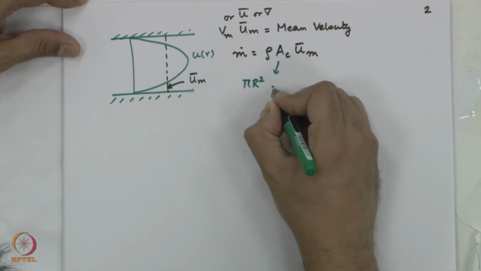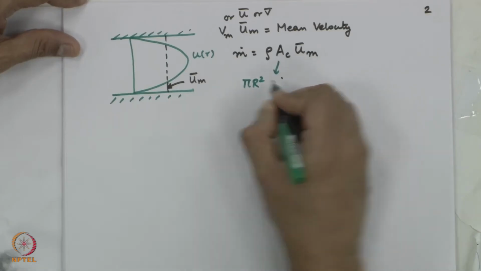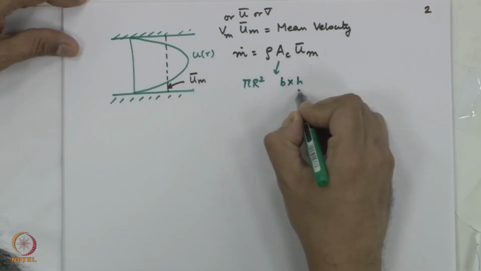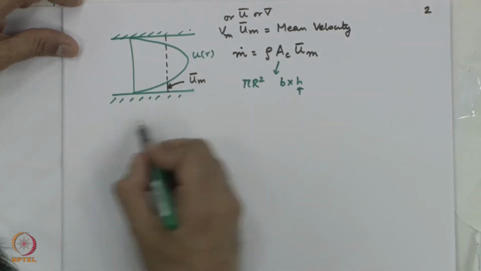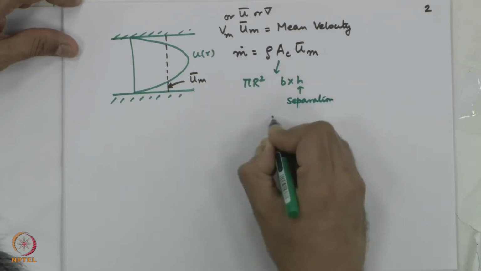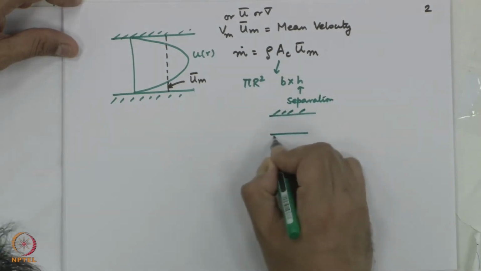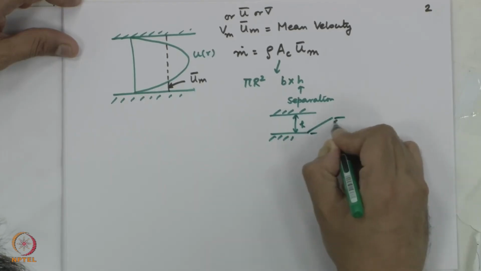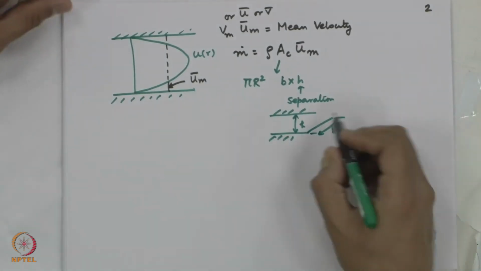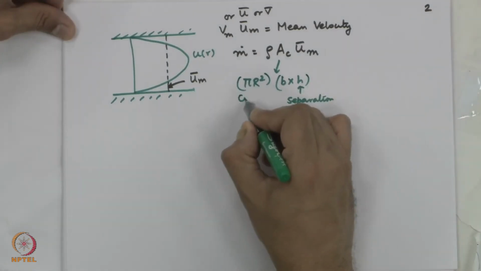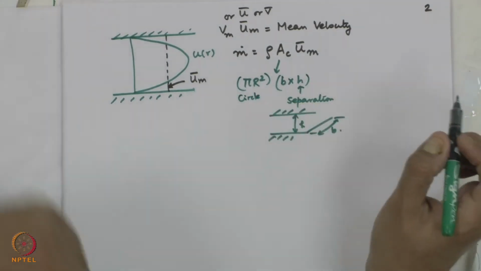It could be for other geometry, if it is parallel plates, b into h, where h is the separation between the plates and b is the width. So, it could be anything. Appropriate area is chosen. This is for a circular pipe.